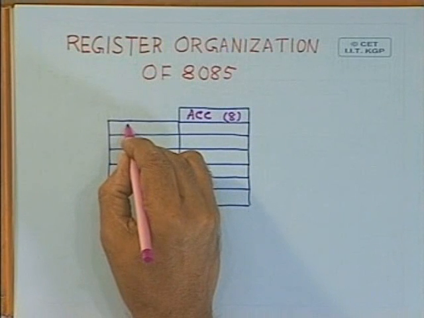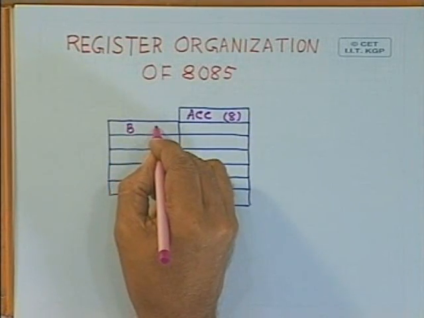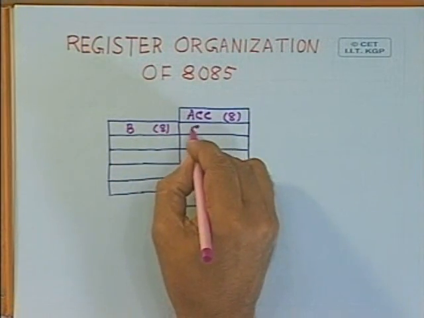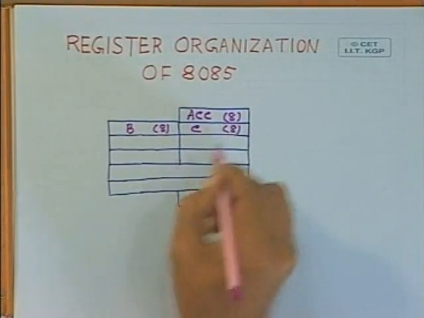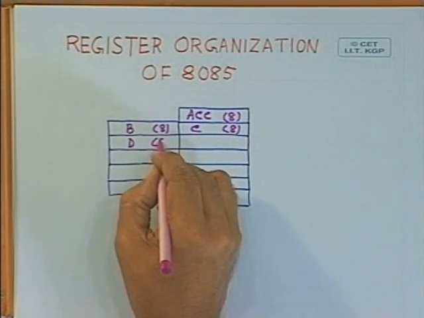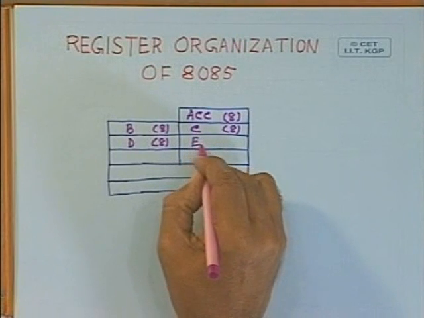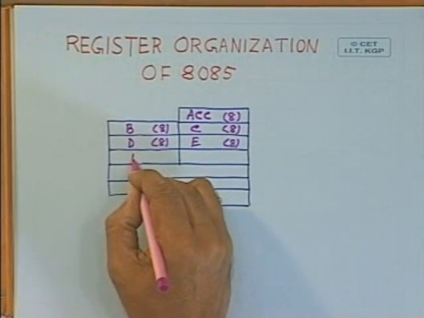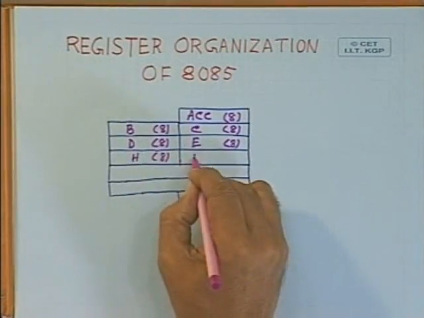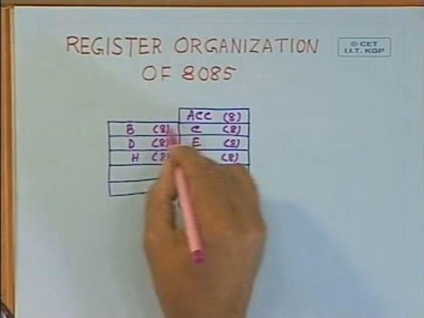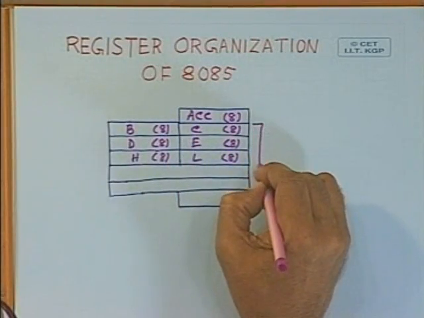Then you have several general purpose registers B, C, D, E, H, L. These are all general purpose registers.